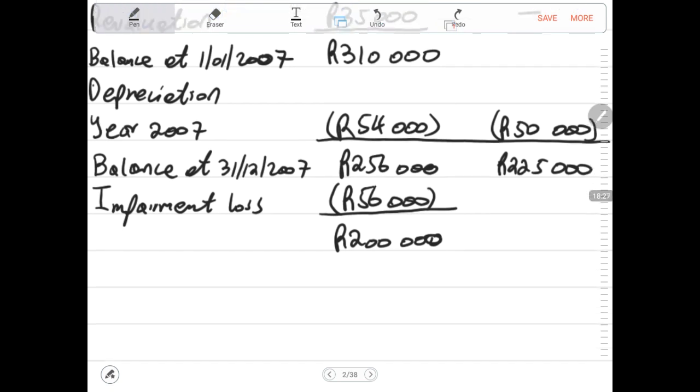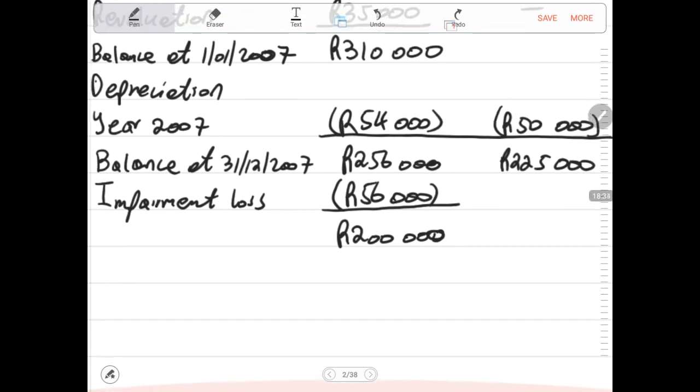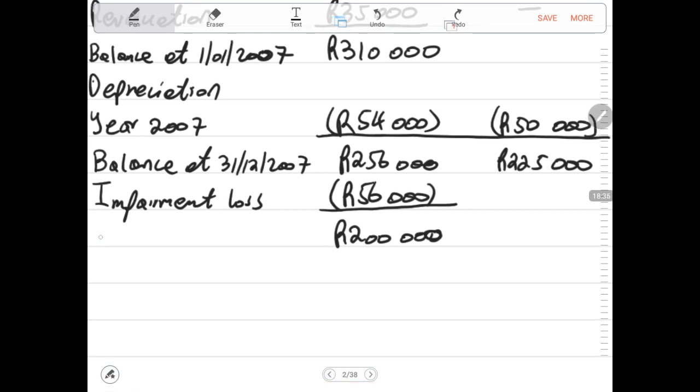So that will be how we get to the balance at the end of December 2007 after the impairment loss has been taken into account. So this is the balance at 31st of December 2007 after the impairment loss has been taken into account.